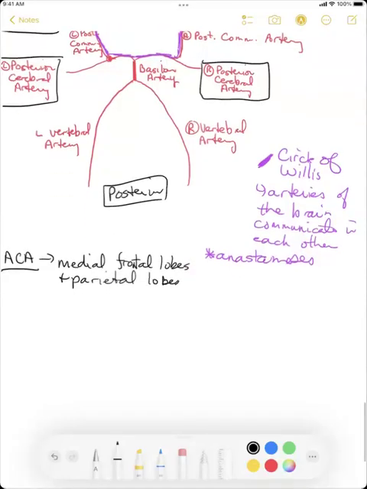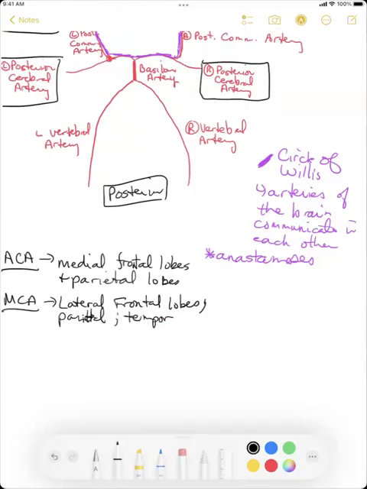The middle cerebral artery supplies the lateral frontal lobes, the parietal, and the temporal lobes. And then the posterior cerebral artery is going to supply the occipital lobes and help supply the cerebellum.